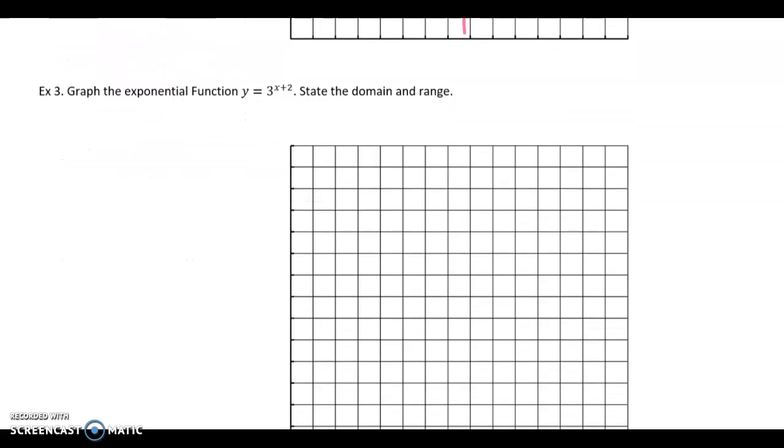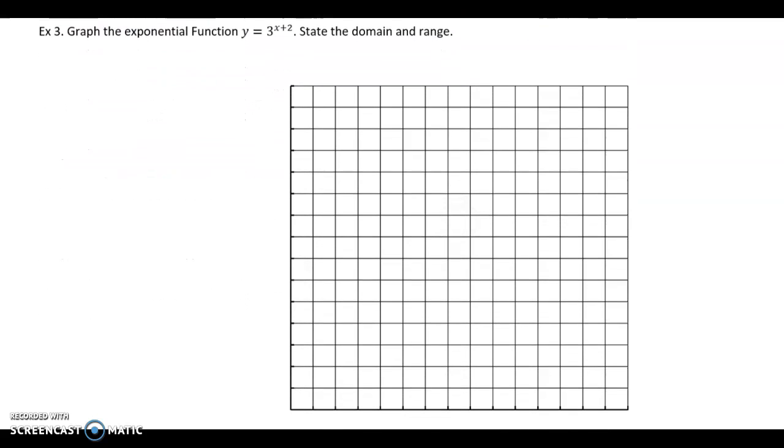Alright, the next one is graphing an exponential function. So now we have y equals 3^(x+2). So what I'm going to do is transfer from example 1 what we graphed for 3^x, and then we're going to go ahead and shift that. Alright, so here is 3 to the x.